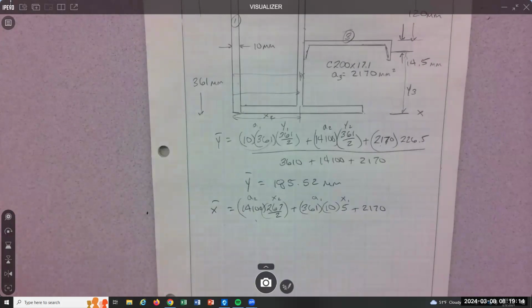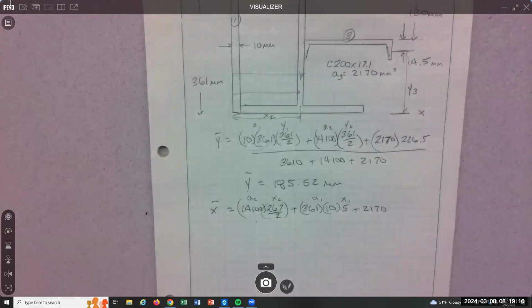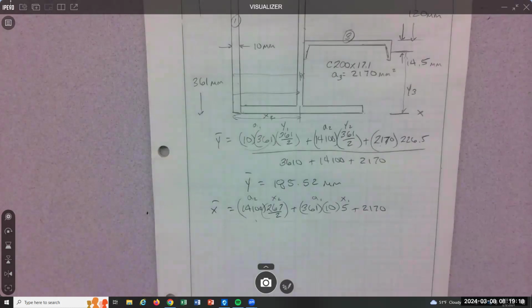Somebody has that 200 by 17. What is the C shape? 200. Oh. And then the total height is 203.